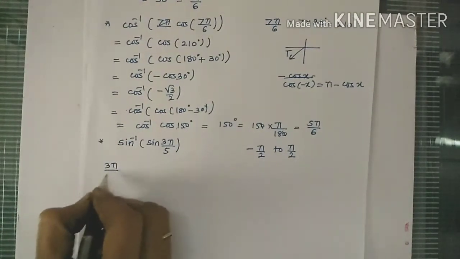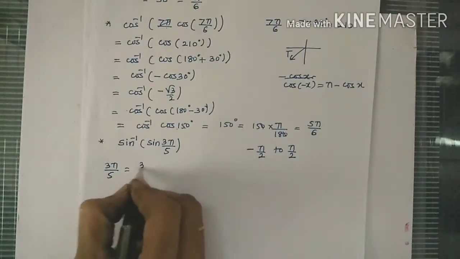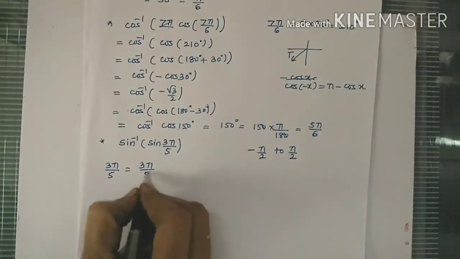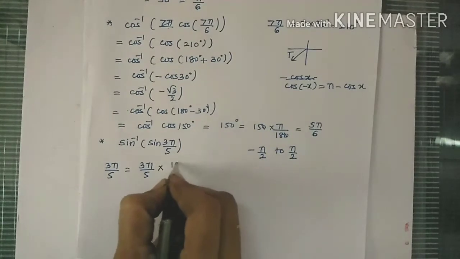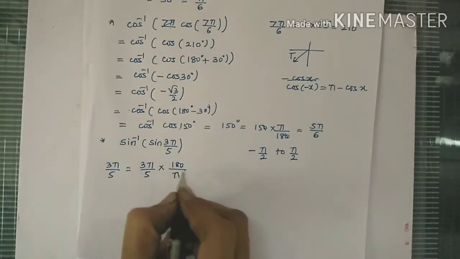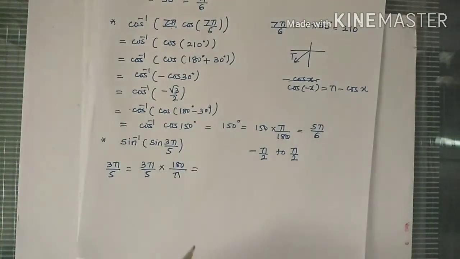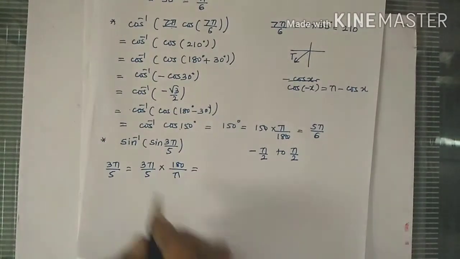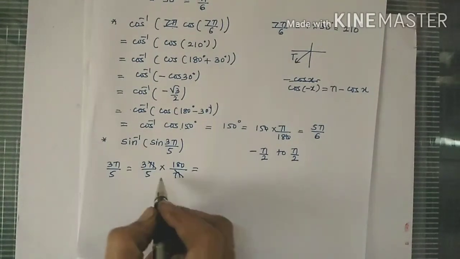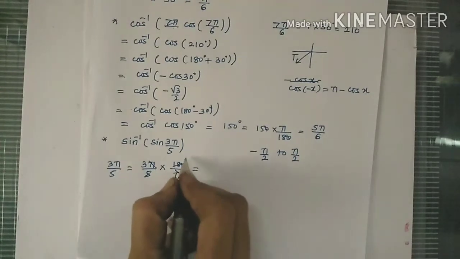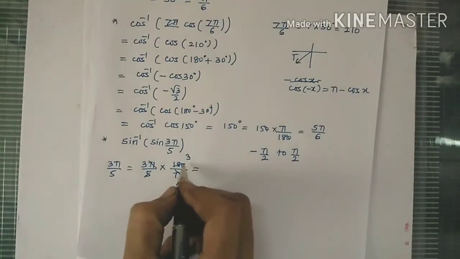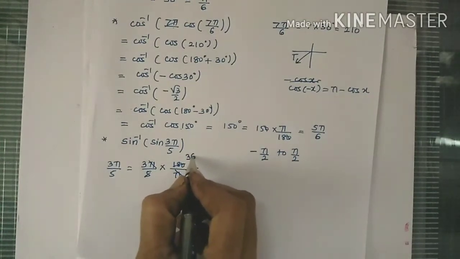So 3 pi by 5 is 3 pi by 5 into 180 upon pi. I am converting this radian measure into degree measure. So this pi gets cancelled. Dividing by 5, we get 5 3s are 15, and next 5 36s are 180.